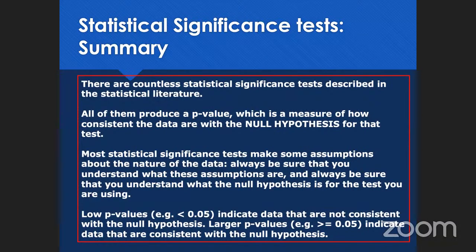Most of them make some assumptions about the nature of the data, and we should always be sure that we understand what these assumptions are, and what the null hypothesis is for the test we are using. Low p-values, less than 0.05, indicate data that are inconsistent with the null hypothesis, and a larger p-value indicates data that are consistent with the null hypothesis.